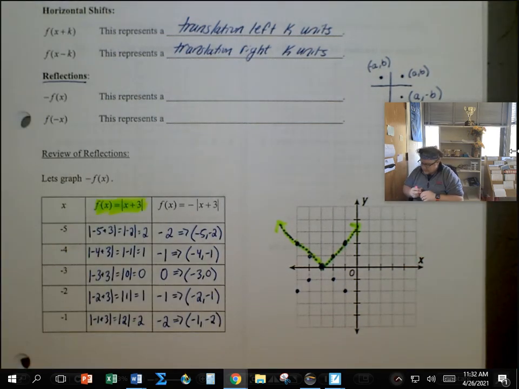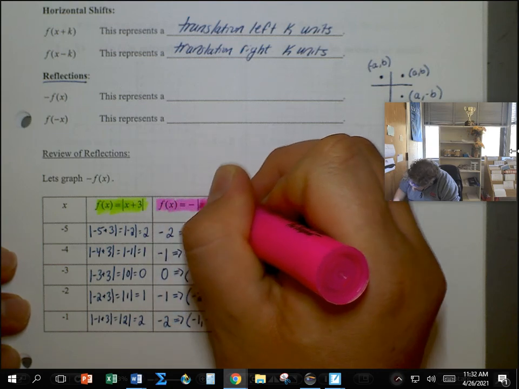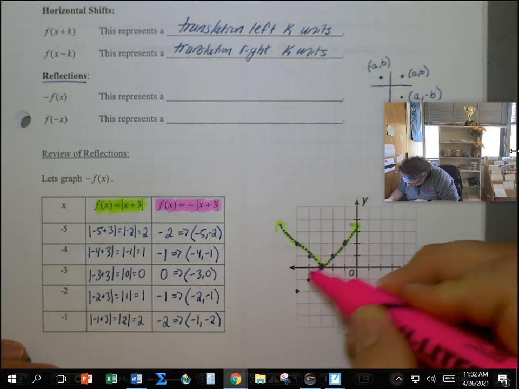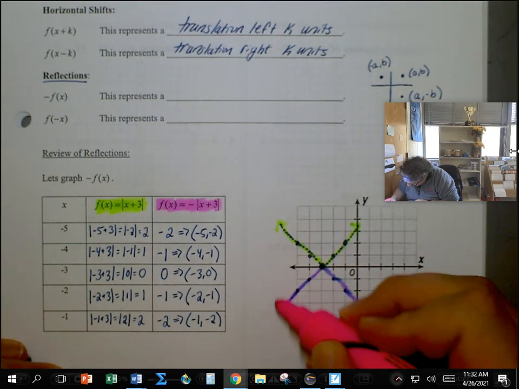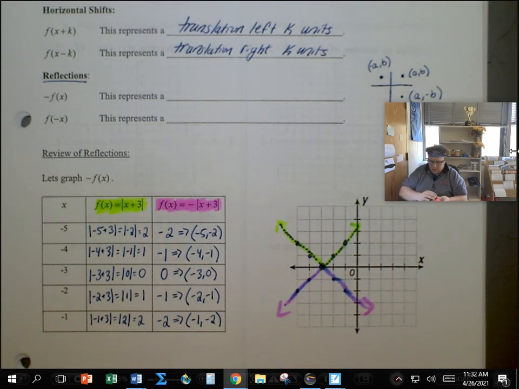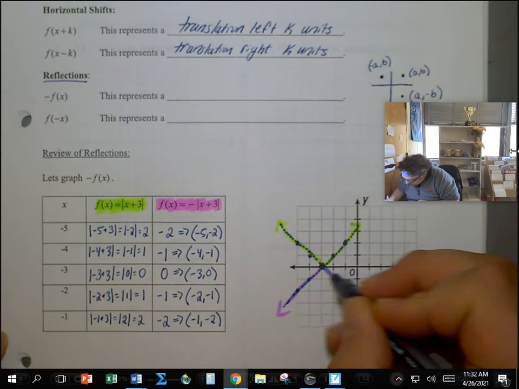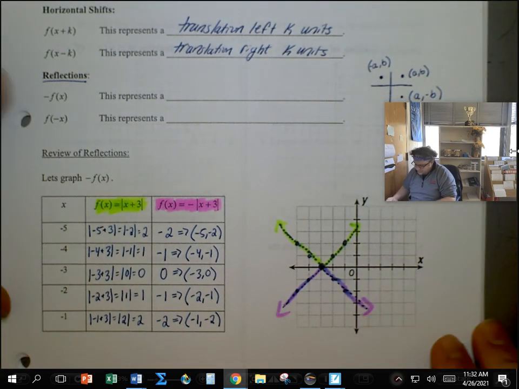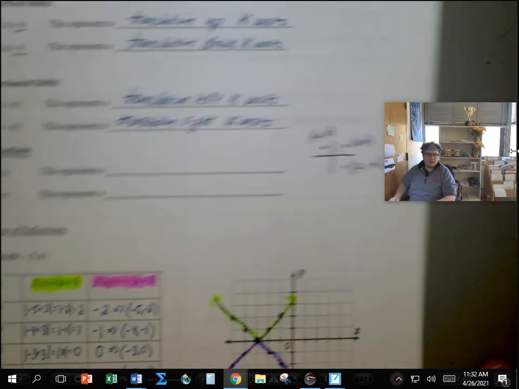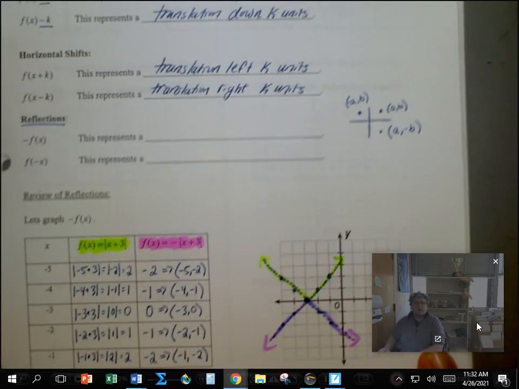So you can see that when we put that negative sign outside the function, it flipped over the x-axis. So now we can kind of go back to our general model, and I'll move myself here. Okay.